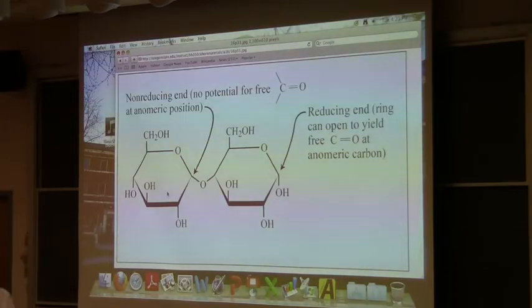Any aldose can be a reducing sugar. Ketoses, on the other hand, are not so readily oxidized and are not very much reducing sugars. Fructose is not a very strong reducing sugar because ketones are not oxidized nearly as readily as aldehydes are.